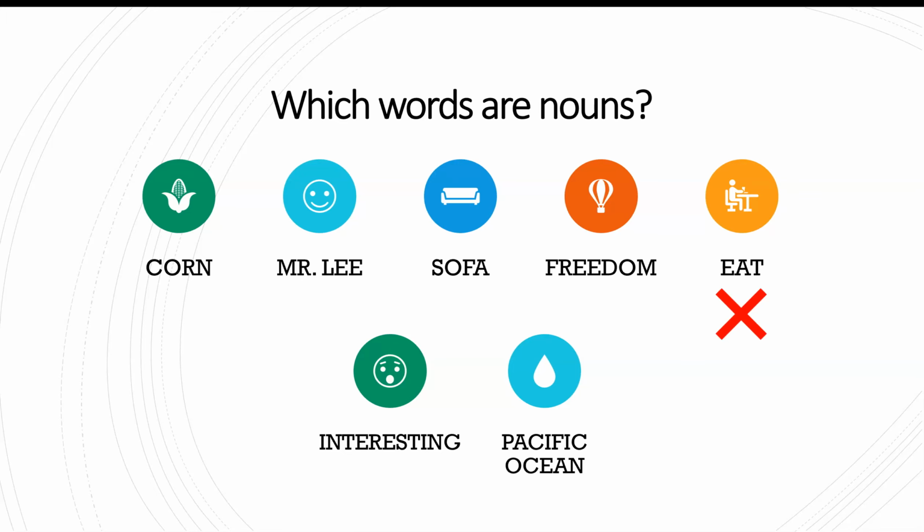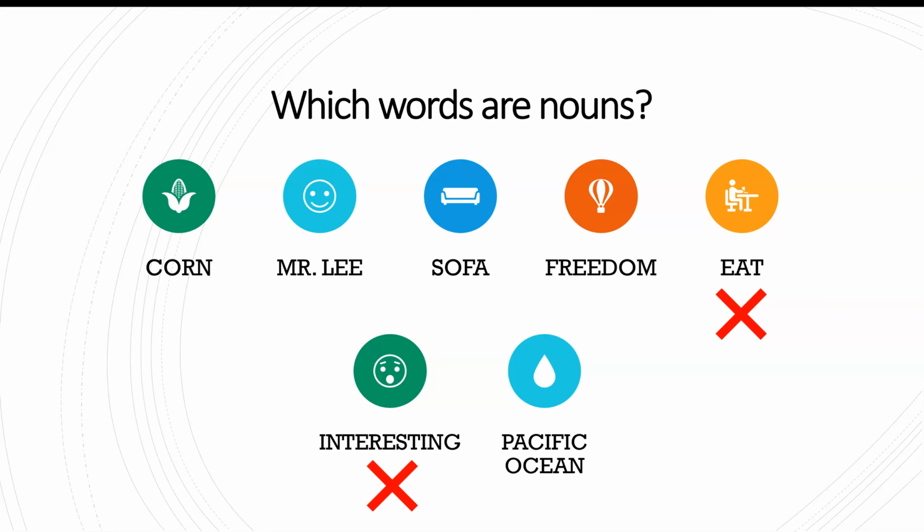The words eat and interesting. Those are not nouns. So the word eat, what is that? Eat is a verb. It's an action. If I'm eating, you can see me putting the food in my mouth. That's an action.